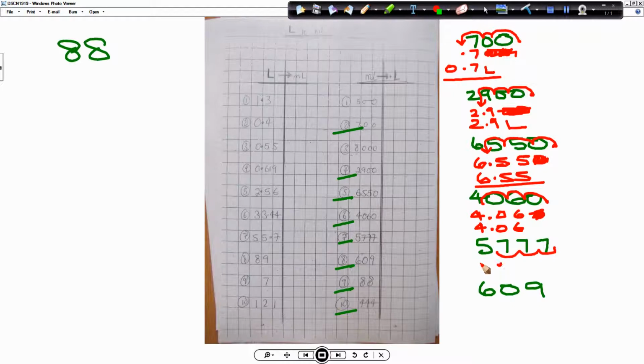Decimal point goes here. Copy everything down, and then that is the final answer. Liters, liters, liters. Last one. Divided by 1000, move back 3 places. Decimal point goes here. Copy everything down. You fill an extra 0 in here.